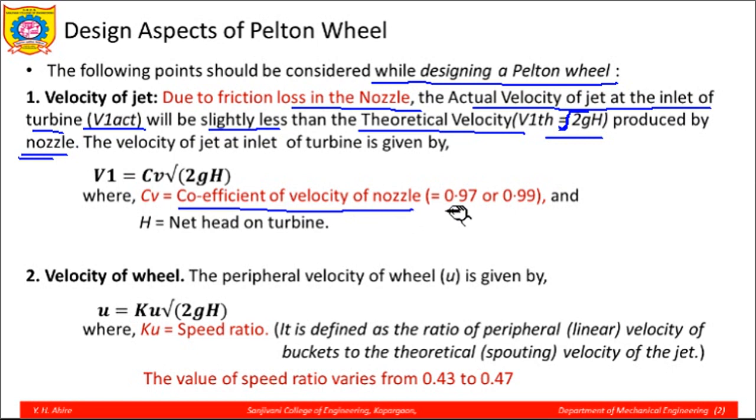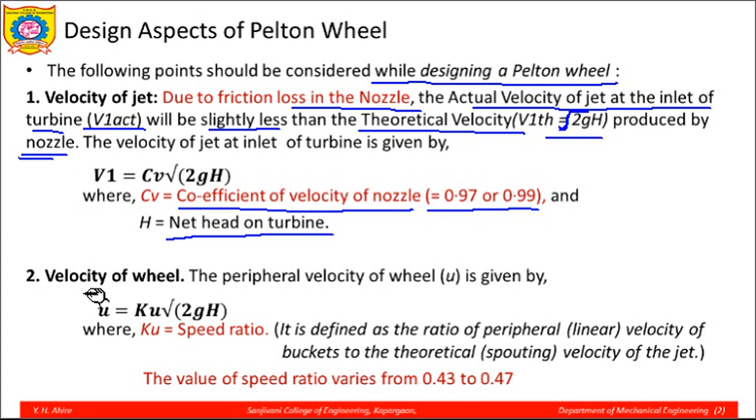The range of Cv for a Pelton wheel is 0.97 to 0.99. Capital H means the net head on the Pelton wheel at the inlet of turbine. So remember, V1 equal to Cv into root 2gh. Here the left hand side V1 is nothing but the actual velocity of flow that is striking the Pelton wheel impulse turbine.